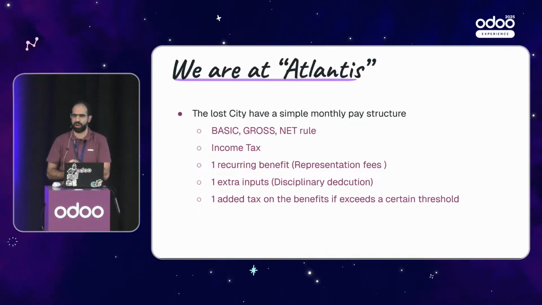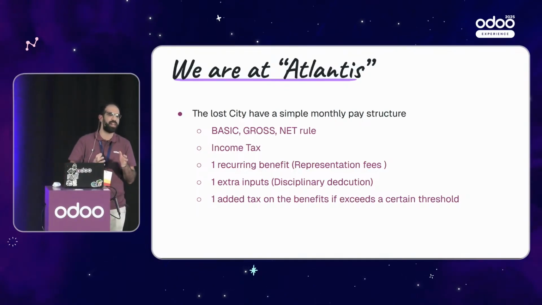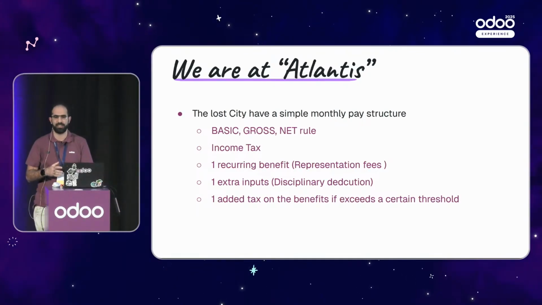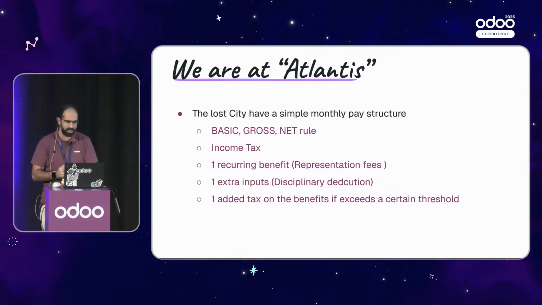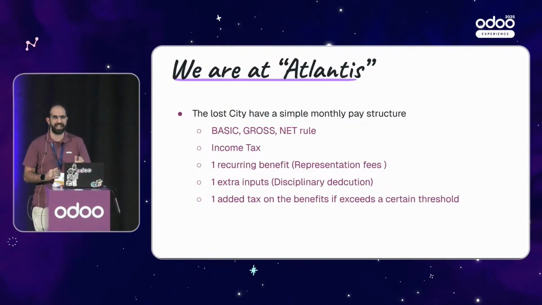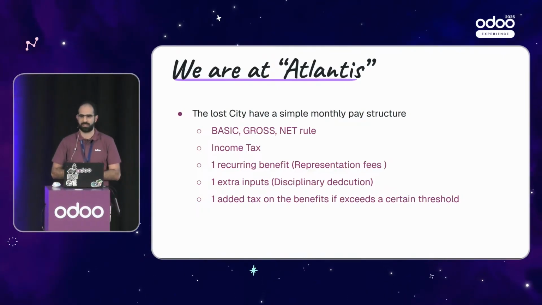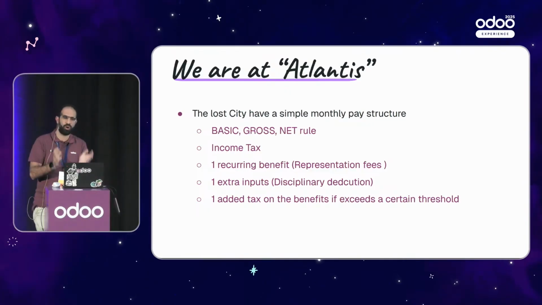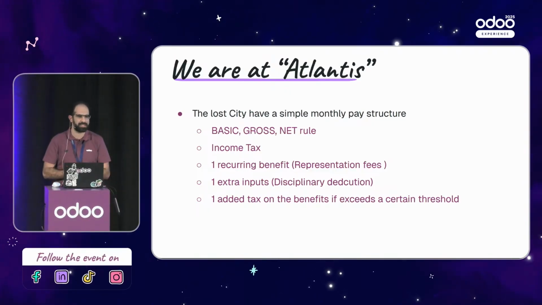They have one recurring benefit, which is the representation fees. They have a manual adjustment they can add every month to their employees as disciplinary deductions. And this recurring benefit is originally not taxed, but if it reaches a limit, we will add a tax on it. So we can do all this and put it in action in less than 20 minutes, and let's do this.